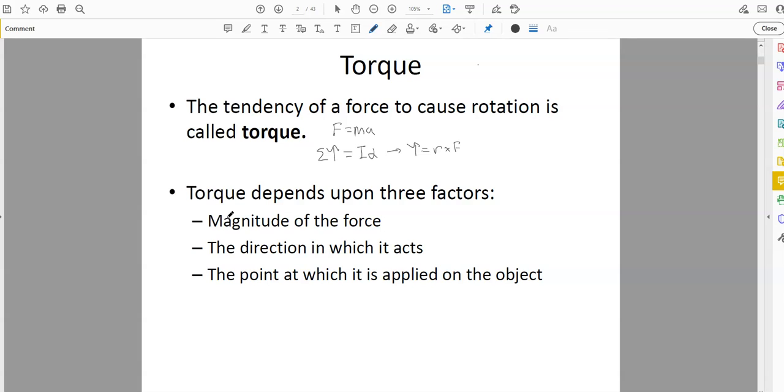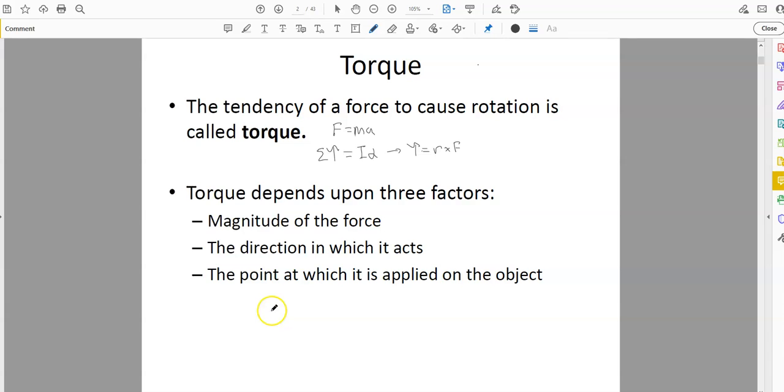Torque is dependent upon the magnitude of the force, F, and the direction in which it acts. Counterclockwise is going to be positive z according to the right-hand rule, and clockwise will be negative z according to the right-hand rule.